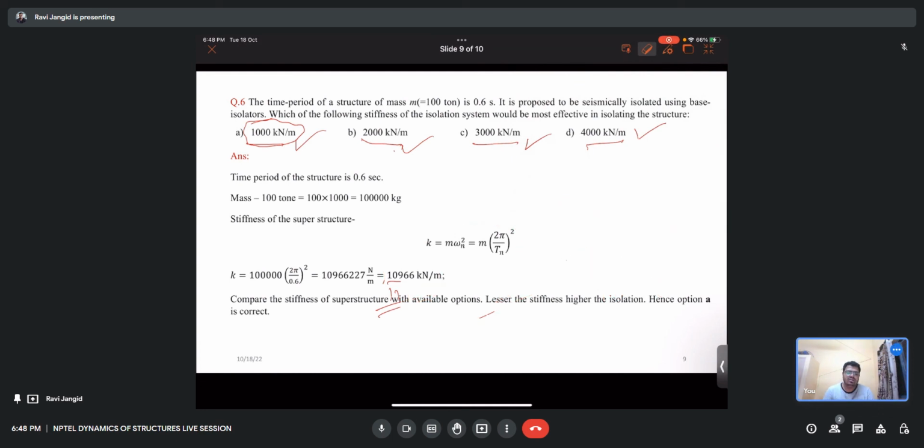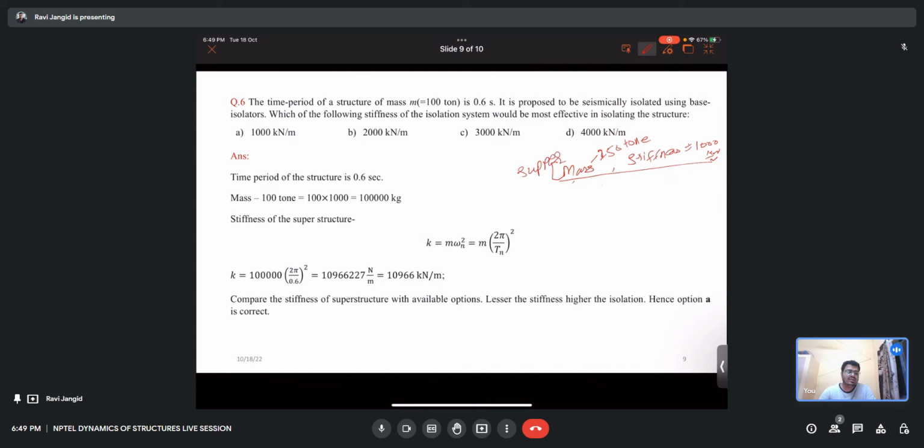The same kind of problem could be given to you. Say I have the mass and stiffness of the superstructure: mass is around 250 ton, stiffness is around 1000 kilonewton per meter, and this is the property of the superstructure.